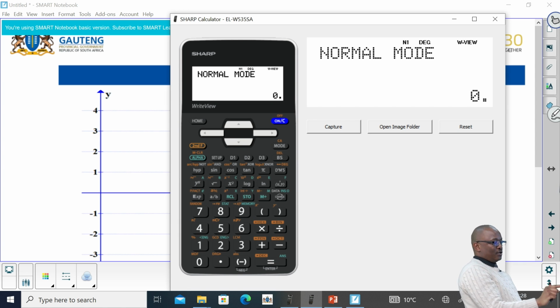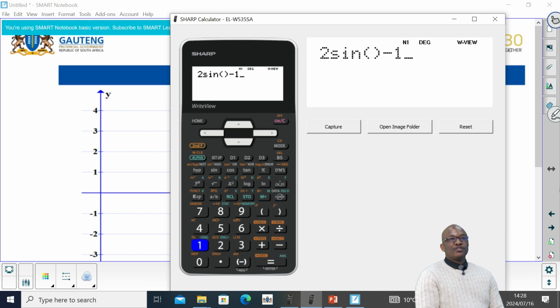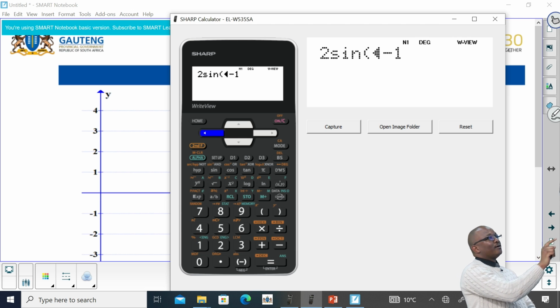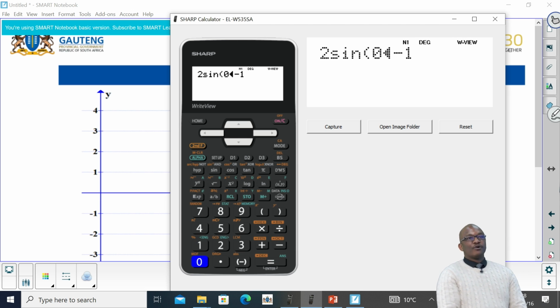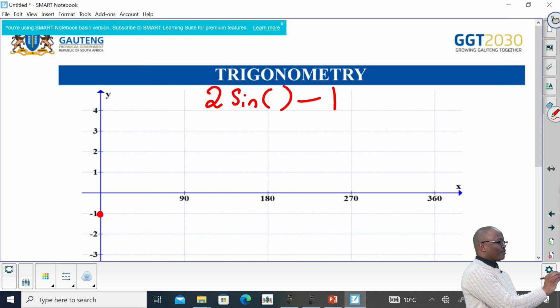You will say 2 sine, then you open and close bracket, and you say minus 1. That's what you will have in your calculator. Then you punch 0, because we are looking at 0, 90, 180, 270 and 360. If I punch 0 there and say equal, you will see that it is -1. That's where we put our -1.